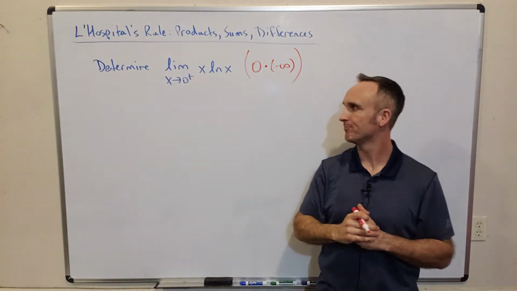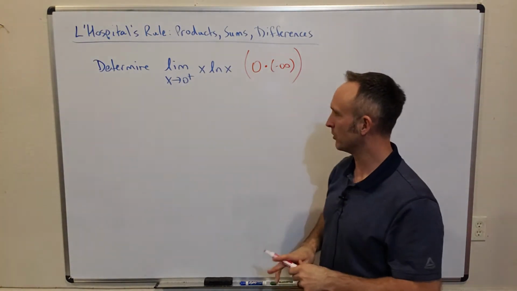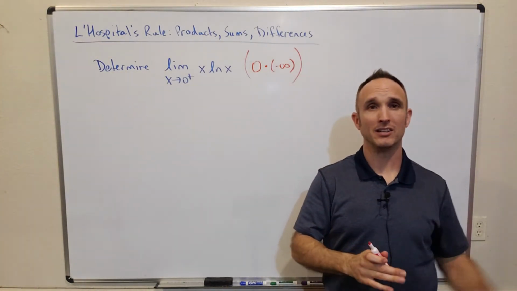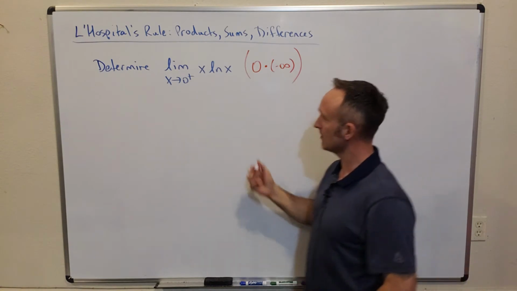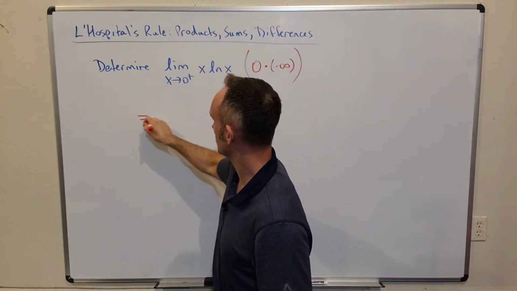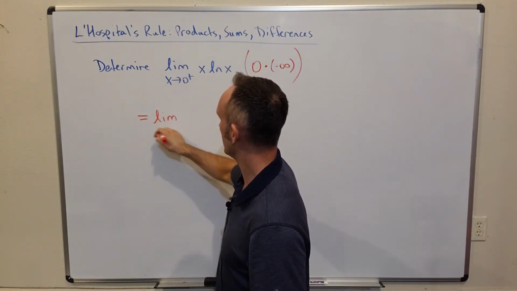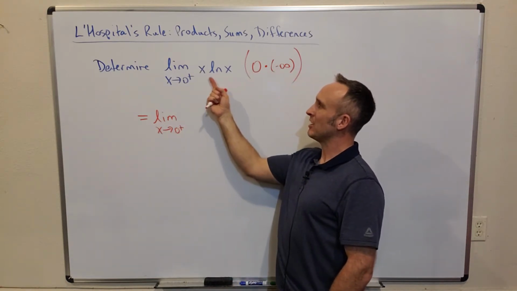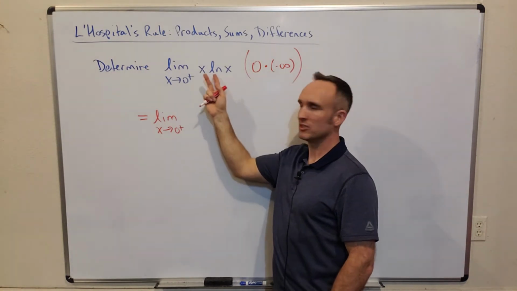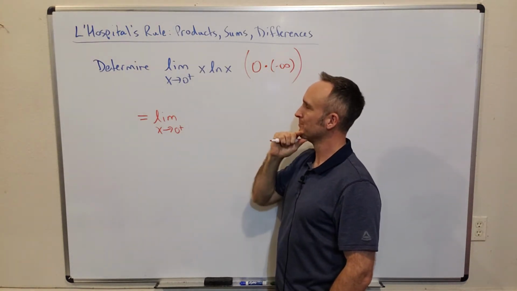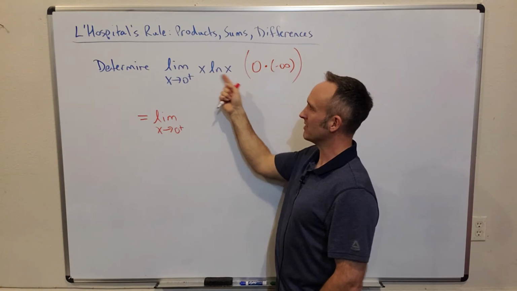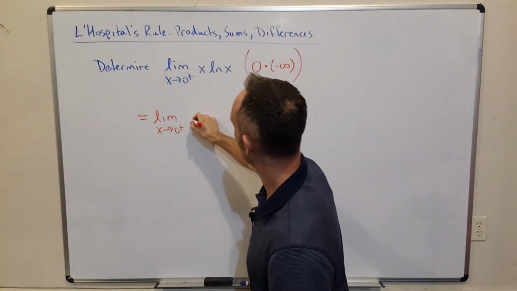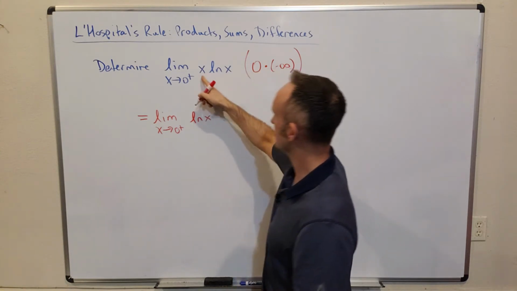Who wins out? So let's see if we can write this as a quotient in hopes that we'll get an indeterminate form there, allowing us to use L'Hopital's rule. So we're not using L'Hopital's yet. I need to rewrite this as a quotient first. Now, I need to take one of these factors in this product and move it to the denominator. The natural log of x is the more complex factor here, so I'm going to leave him in the numerator of this invisible fraction.